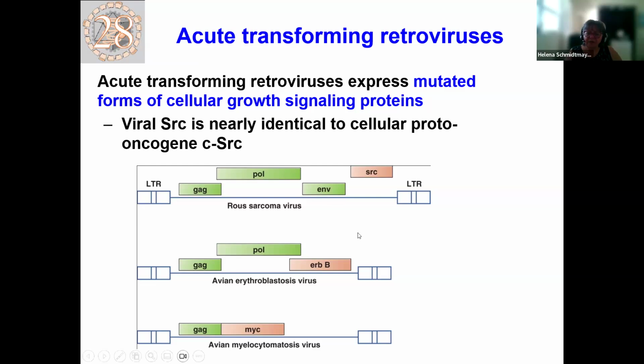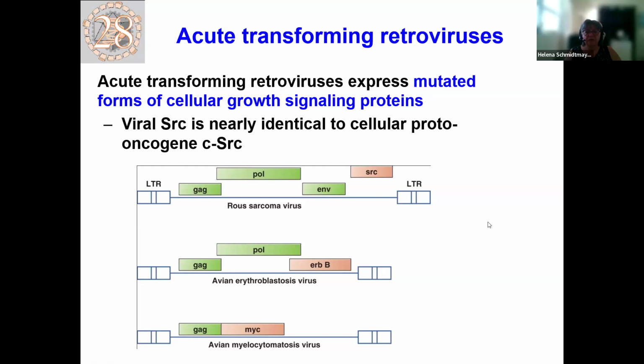For example, Rous sarcoma virus picked up SRC kinase, which is mutated, and when it in fact targets cells, it triggers uncontrolled proliferation. Similarly, avian erythroblastosis virus picked up another tyrosine kinase receptor, ERBB, and avian myelocytomatosis virus picked up MYC.